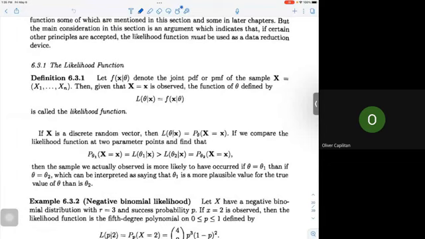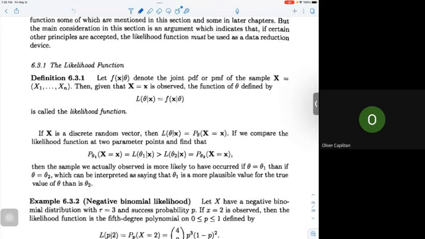If we look at our definition, it seems that the likelihood function is the joint PDF or PMF of our random sample.